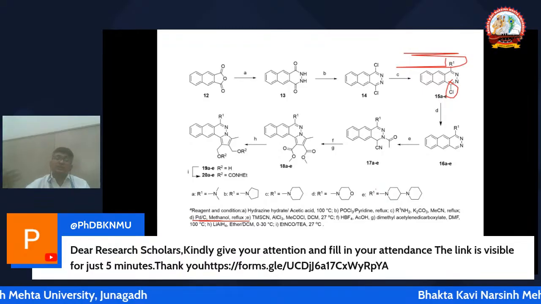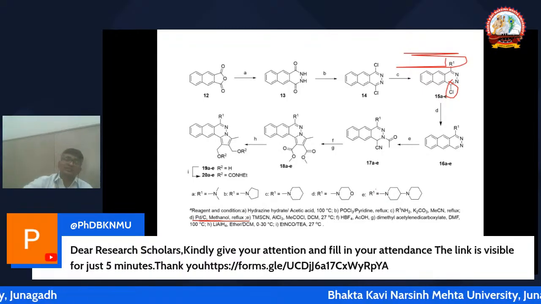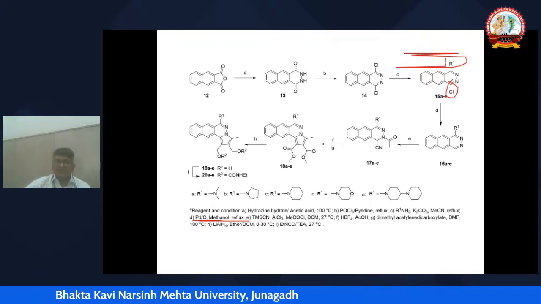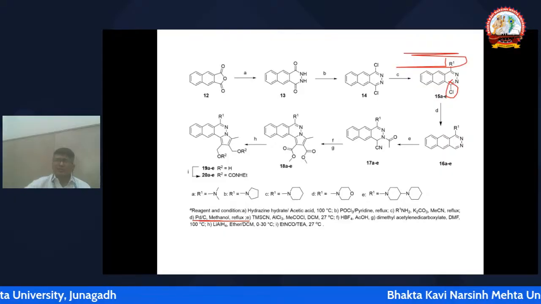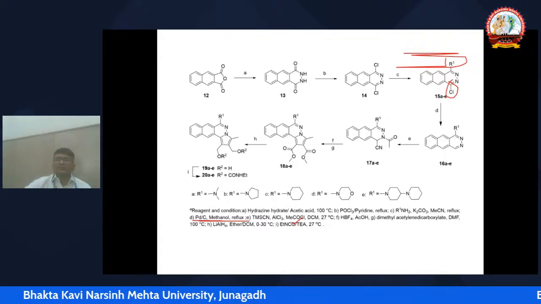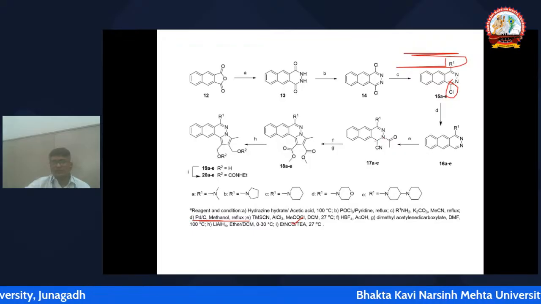After that, similar to the earlier schemes, we used TMSCN as well as AlCl3 as a catalyst and acetyl chloride in DCM at room temperature, and it converted into the acetyl group on the nitrogen atom as well as the cyano group at a nearby position.